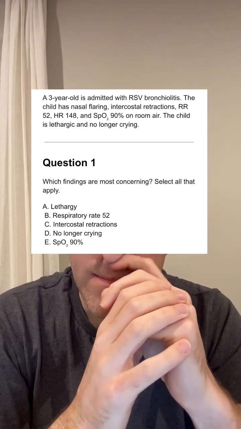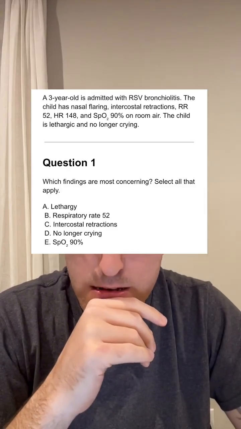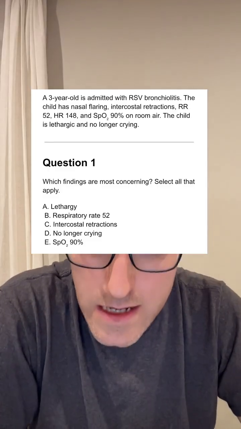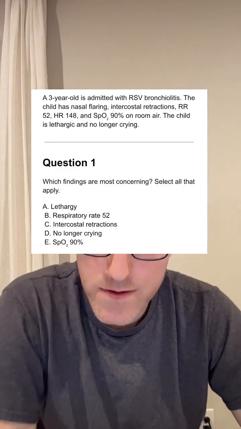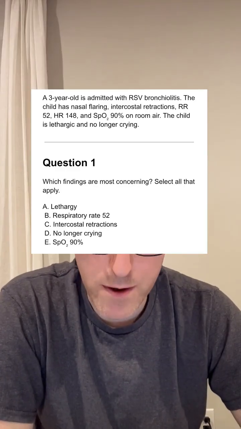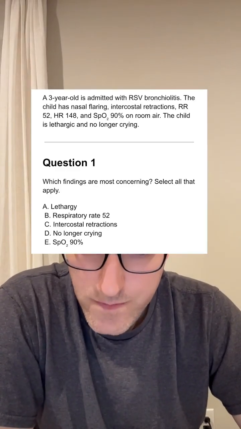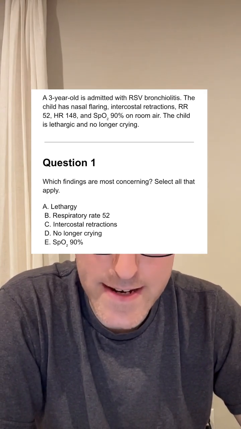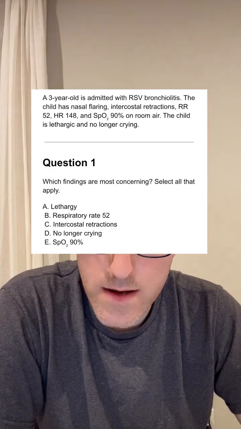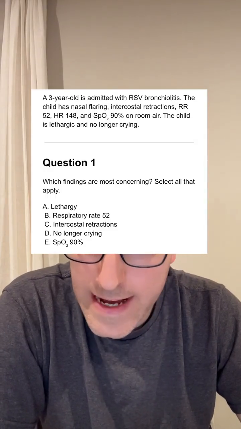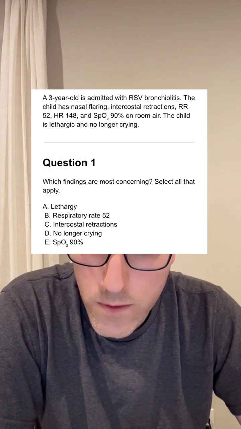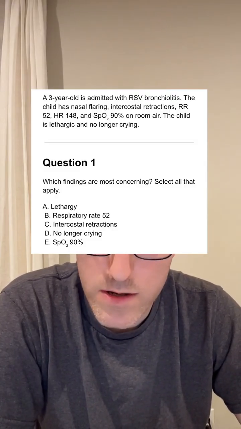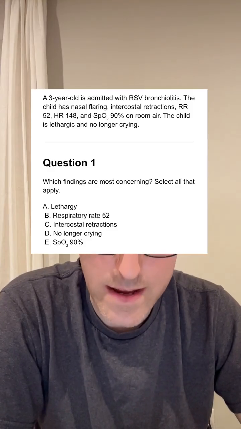All right, so let's talk about our baby here. So 3-year-old with RSV bronchiolitis, they've got some breathing stuff going on, lethargic and no longer crying. The correct answers here are A, C, and D. I think everybody got A. B is incorrect because tachypnea is an early compensatory finding in RSV.